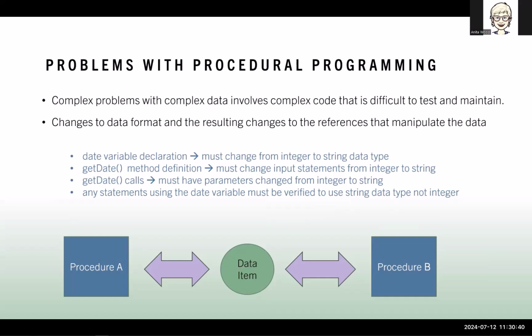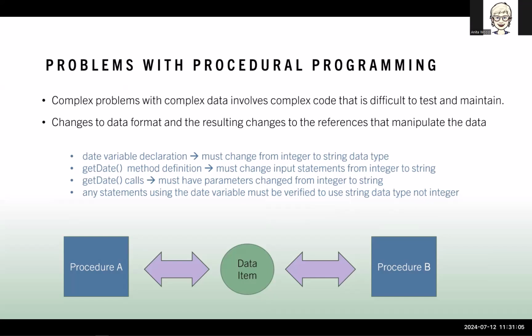For instance, a specification change could result in the variable that holds a date being changed from a number to a string. This change would result in not only a redesign of what the variable's data format is, but also the code that operates on the date must be changed to accept the new string format.